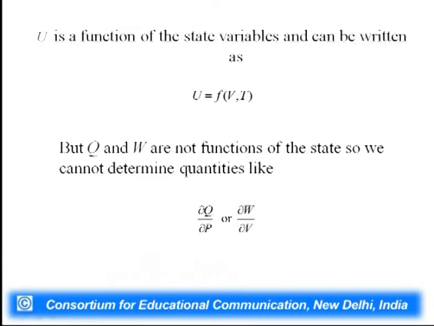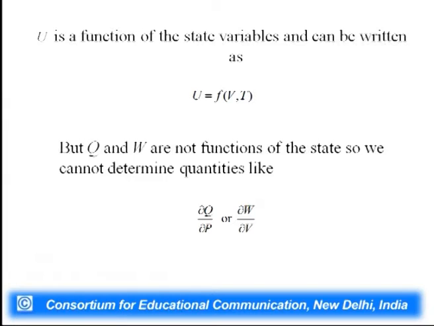We can write U as a function of P and T. Later on I will discuss that writing U as a function of V and T has its own advantage, but you can always write U as a function of P and T, that is not wrong. This is just for our convenience, we generally write U is equal to a function of V and T.